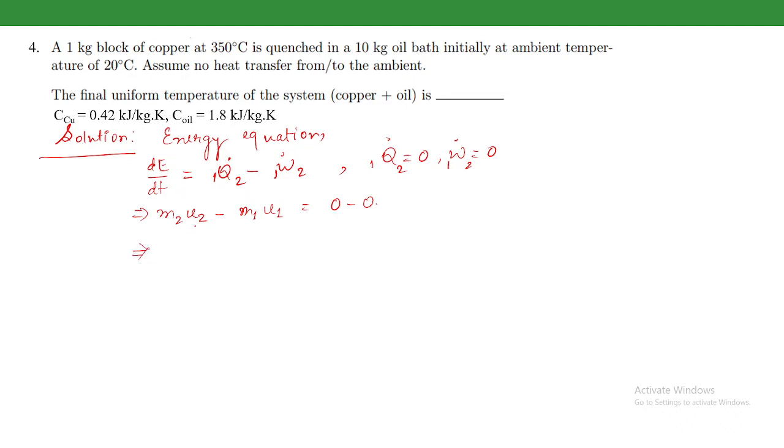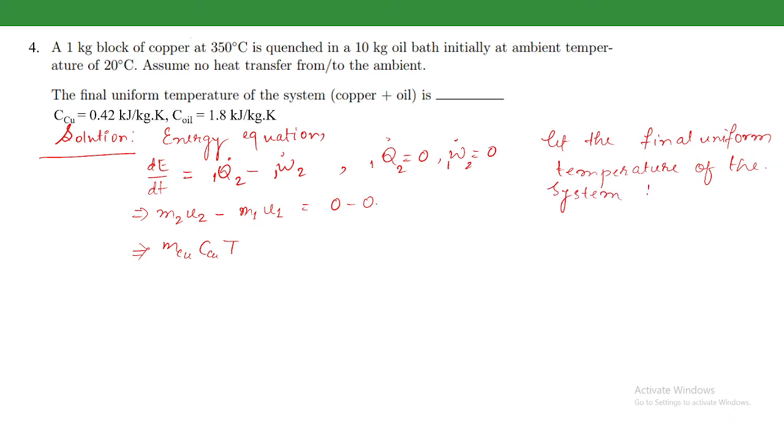So what is the final internal energy? Final internal energy will be mass of copper, C for copper, T for copper. We are assuming that the system comes to a final uniform temperature, which we are assuming as, let us say, T2. So let the final uniform temperature of the system be T2.